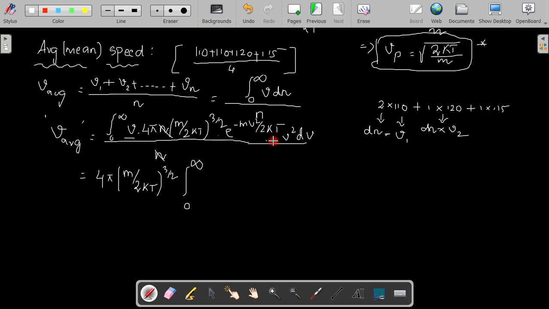There is a v here, there is a v square here, so I can write it down as v cubed into e to the power minus m v square by 2 kt dv.